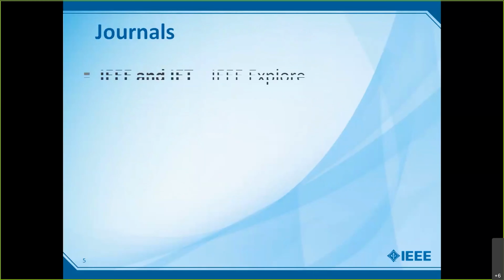Now the journals, on the top you have the IEEE journals and also IET journals. Then you have the Elsevier. IEEE is USA. IET is again UK, which formerly was called IEE. Now it is called IET. Elsevier and Science Direct.